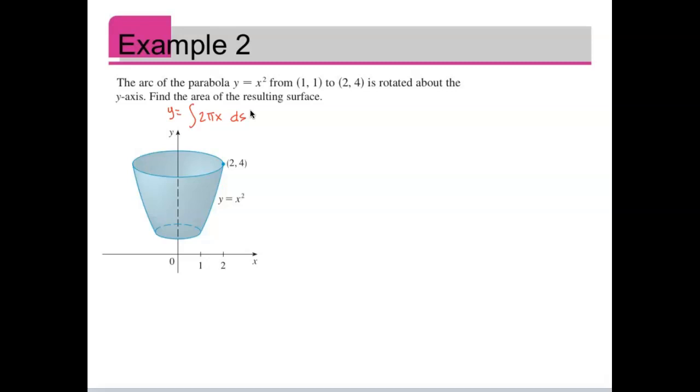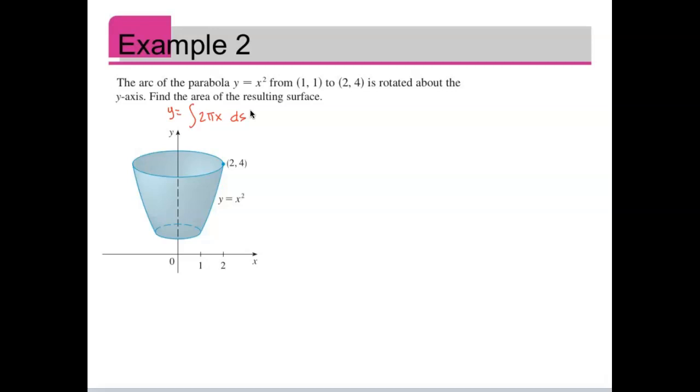I agree. And normally, because I think you might be thinking in terms of volume. You're like, okay, well, if I'm doing volume, maybe I want to do cross sections with respect to y, or I want to cut them horizontally. So then I would need to integrate with respect to y. But that's not the case here. In either version, you can evaluate it with respect to x or y. It doesn't matter.